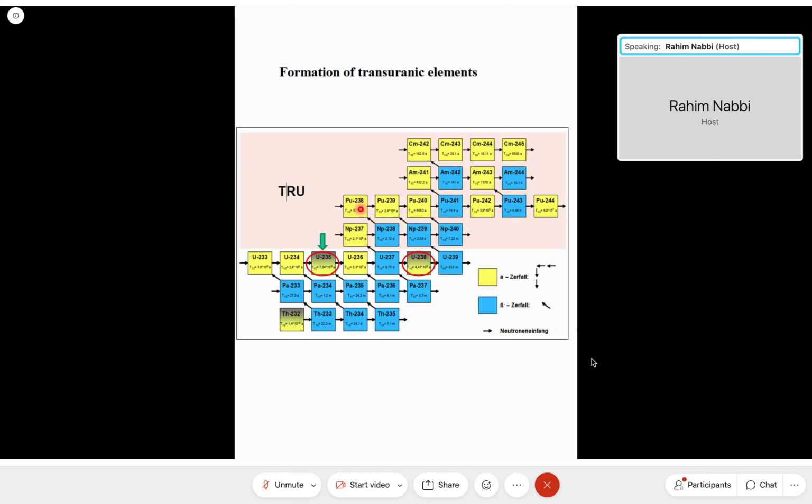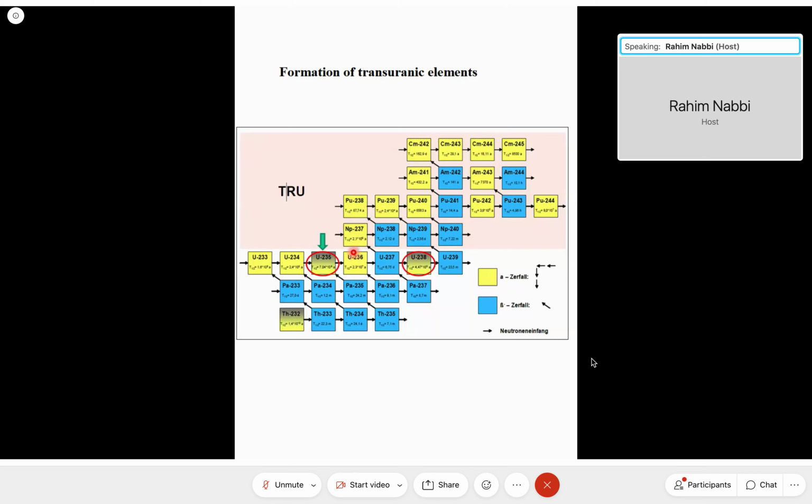Finally, by absorbing a neutron, this arrow to the right-hand side, we get plutonium, and it is a new fuel. It did not originally exist inside the reactor core.